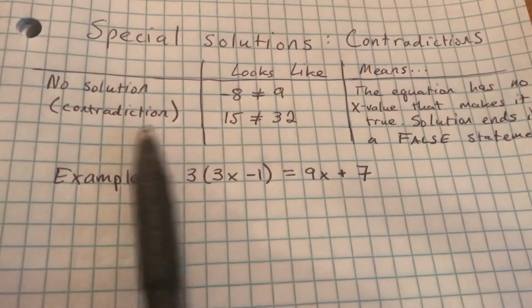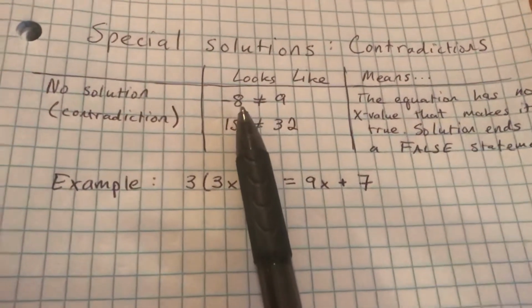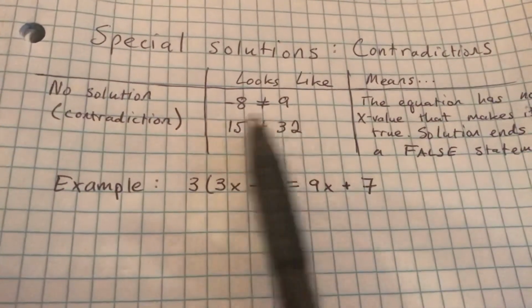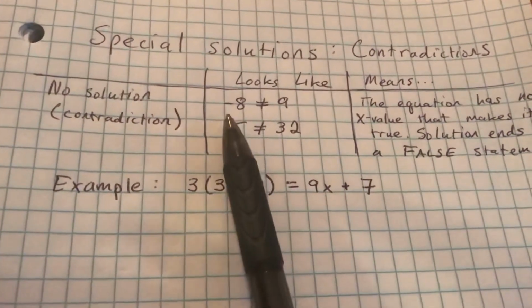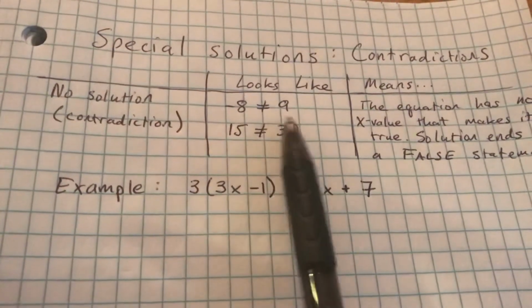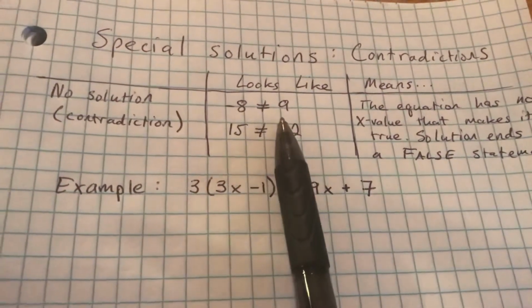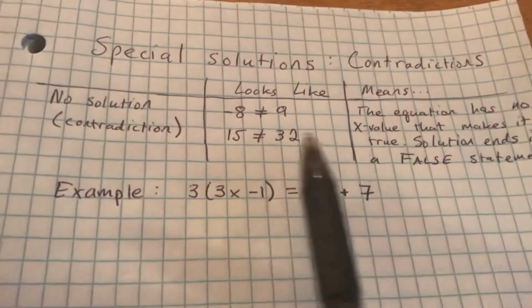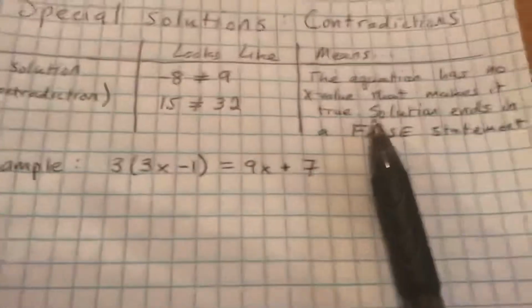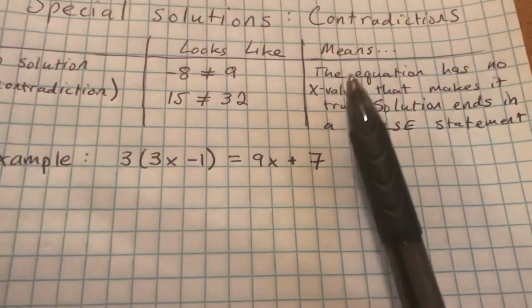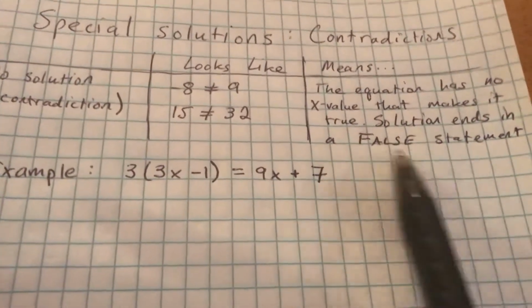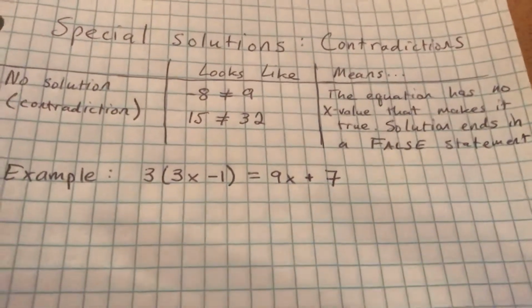Examples of what they look like are if you solve your equation and you get this at the end, like -8 is not equal to 9, or 15 is not equal to 32. That's what that slash of the equal sign means. So what a contradiction means is that the equation has no x value that makes it true. The solution ends in a false statement.